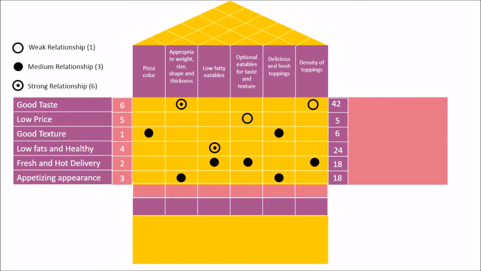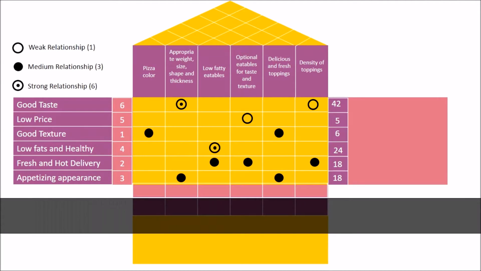And then I'm going to multiply the value of the relationship, which is 3, with the corresponding importance rating, which is 1 here for good texture. I'm going to multiply 3 into 1 and I'm going to get a 3. So our calculated value for the first column is 3.